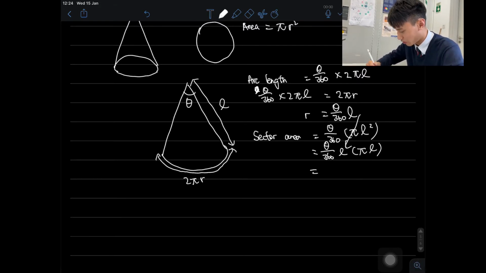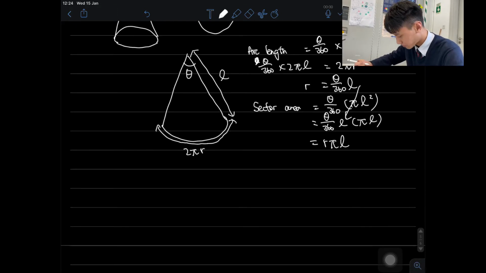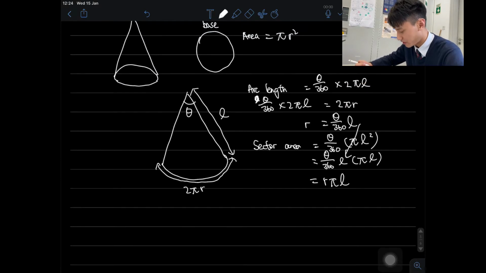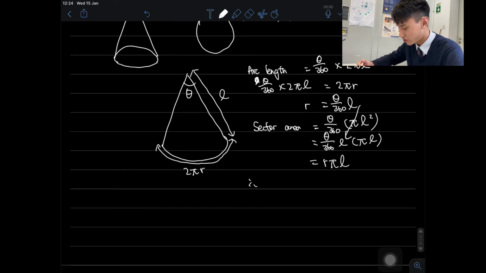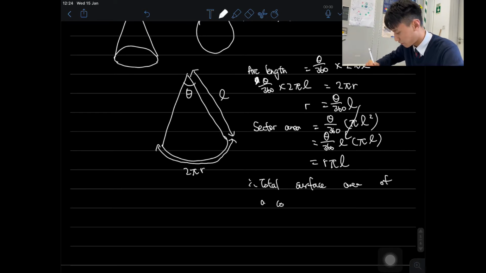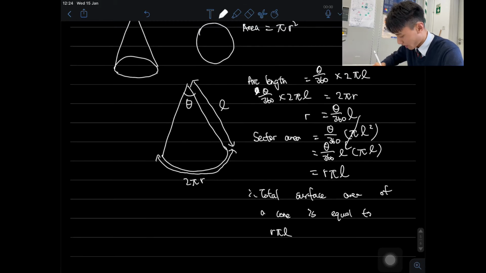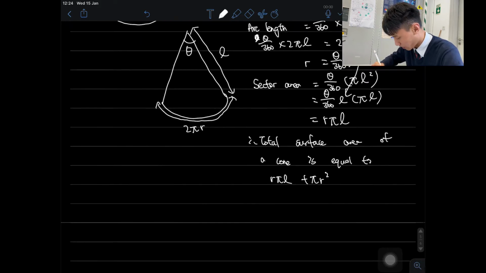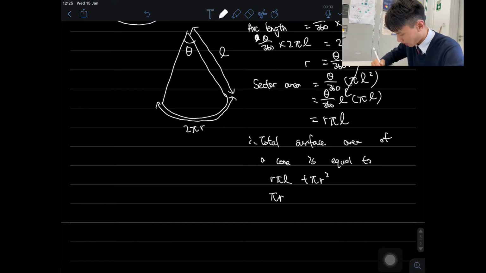And then we can simplify so that the sector area equals r pi L. And we know that the area of the base is pi r squared. So the total surface area of a cone is equal to pi r L plus pi r squared.